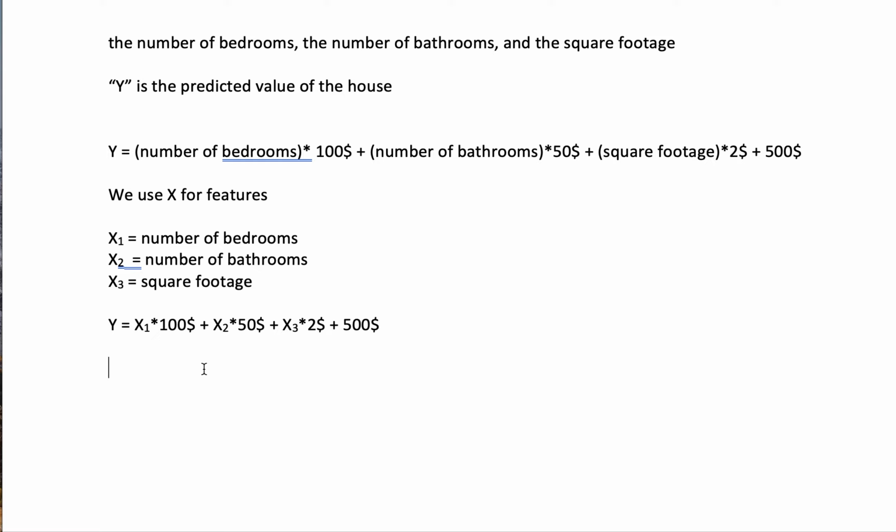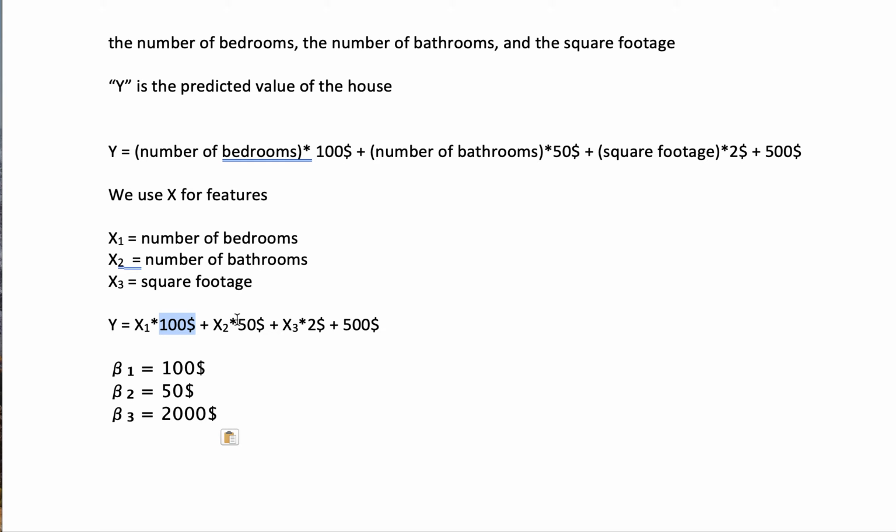So let's do it. And the generally used Greek letter here is beta. So we're going to replace the price per bedroom, which was $100, with beta 1.